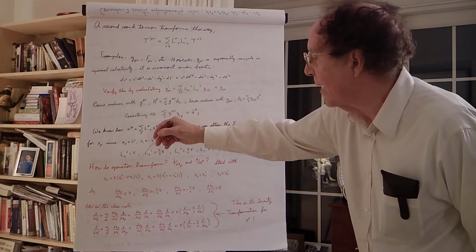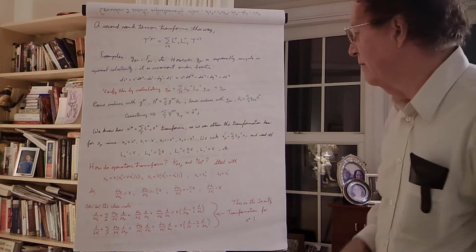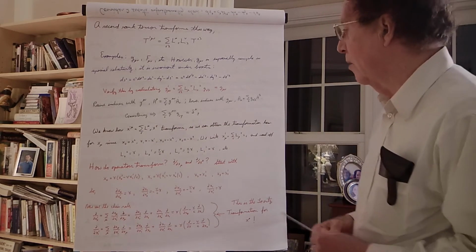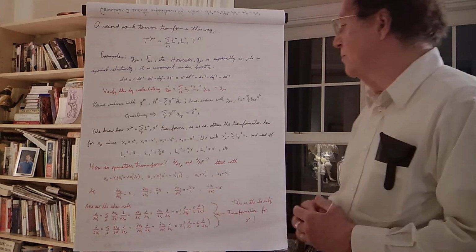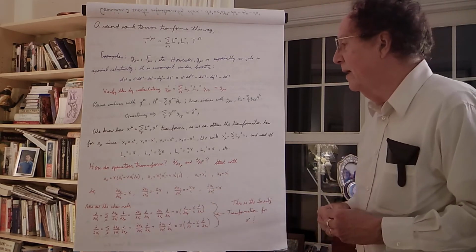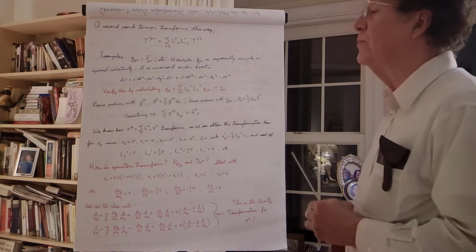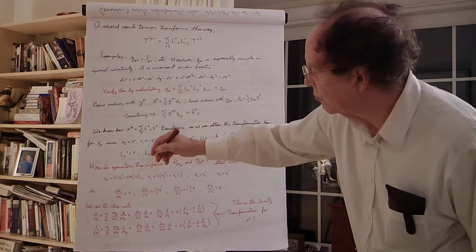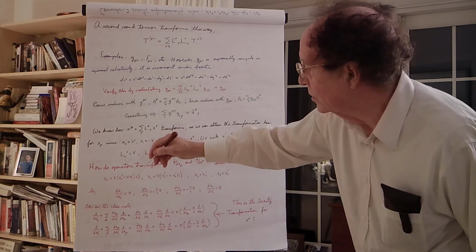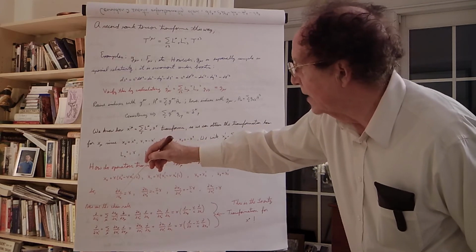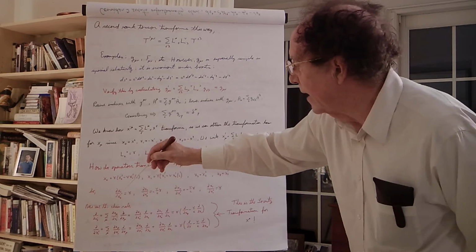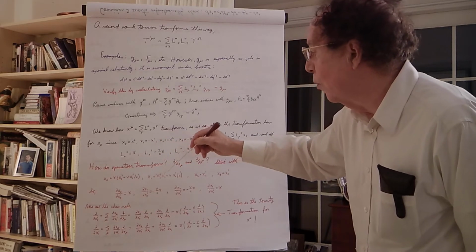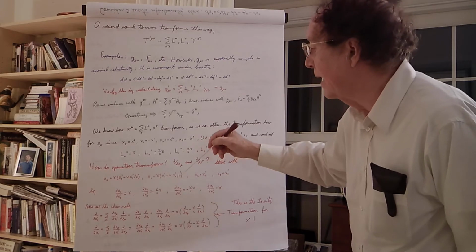I want to imagine doing a derivative with respect to the time in the frame S prime, and write that as derivatives of space and time in the frame S. Okay, so x prime depends upon x1, x2, x3, and x0.